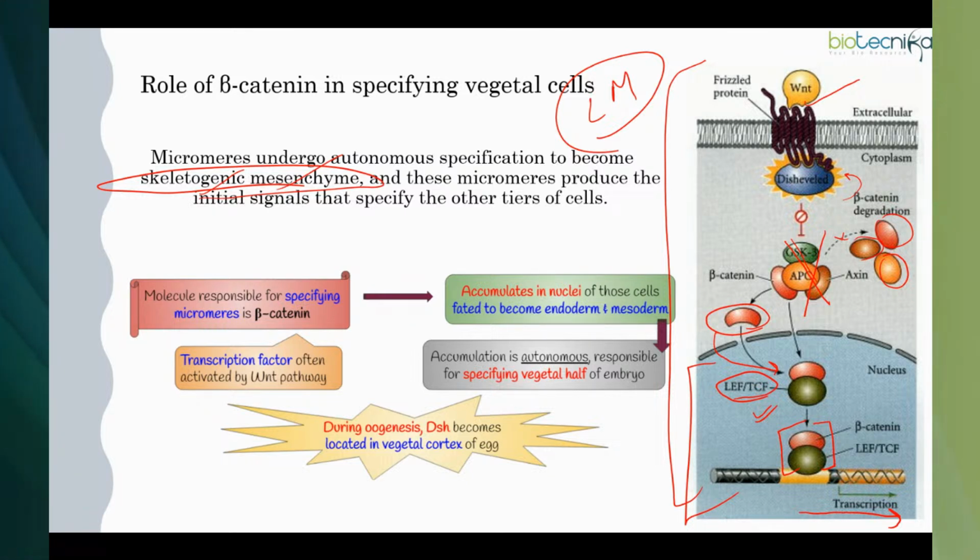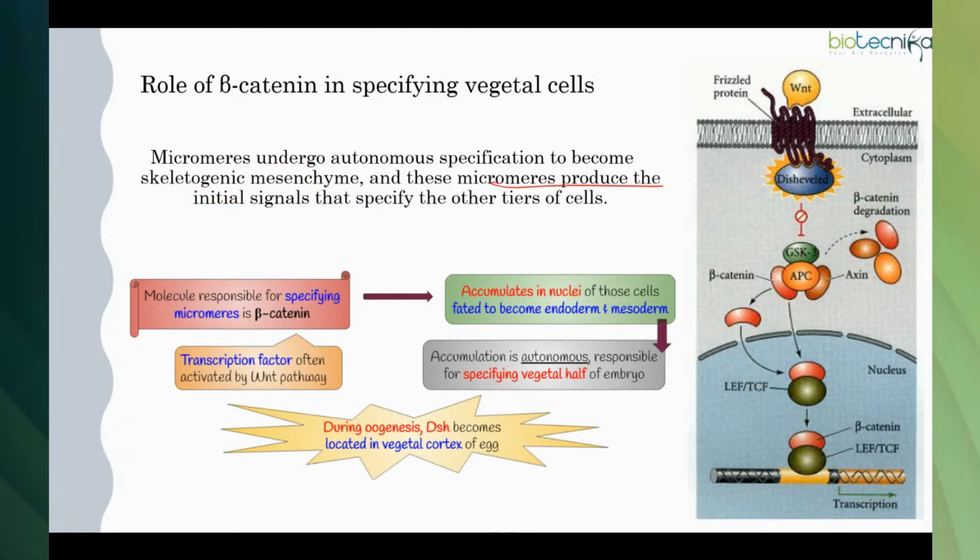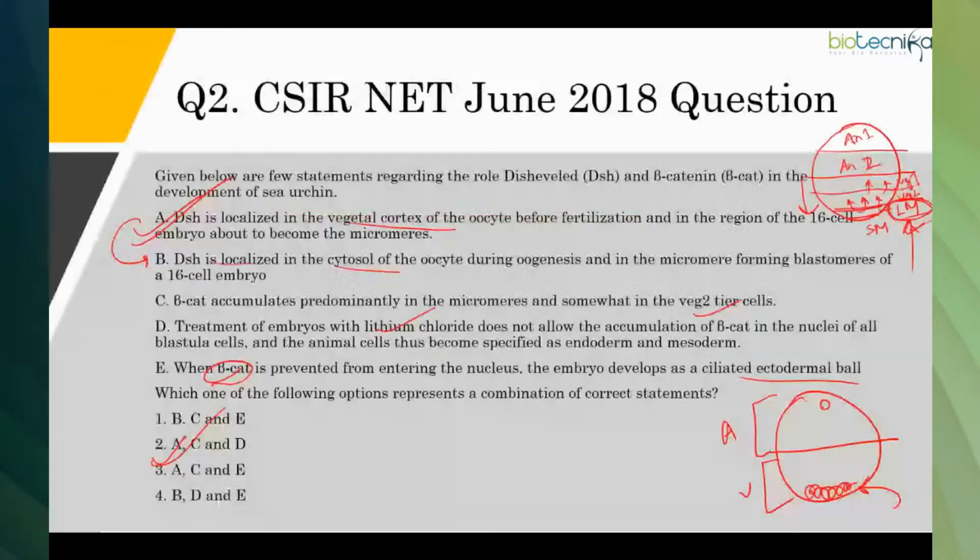Okay, so micromeres undergo autonomous specification to become skeletogenic mesenchyme because of this transcription of the mesenchyme specifying genes, and that is because of this beta catenin signaling. And these micromeres produce initial signals that specify the other two tiers of cells also. Because these are specified now, they can specify large micromeres to the veg2.